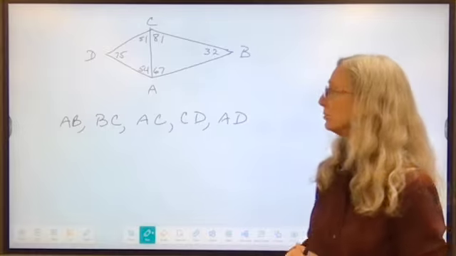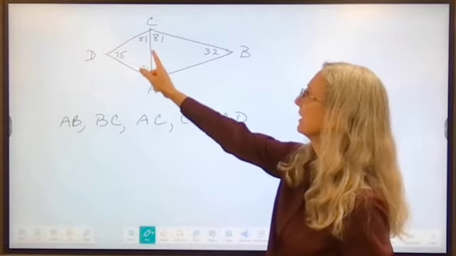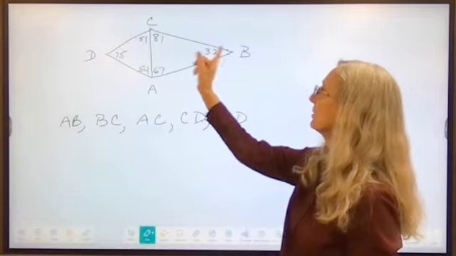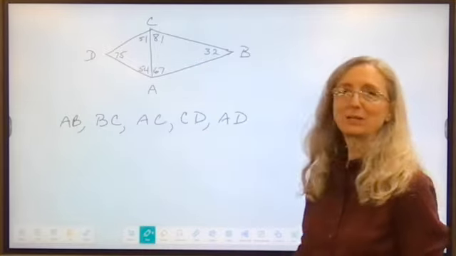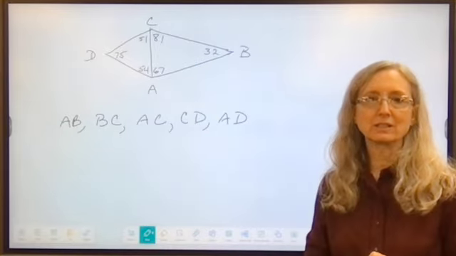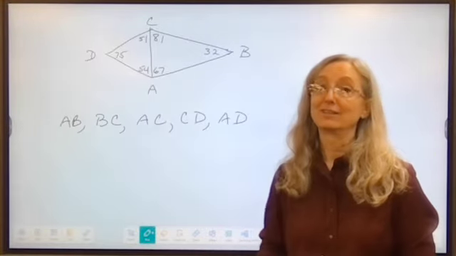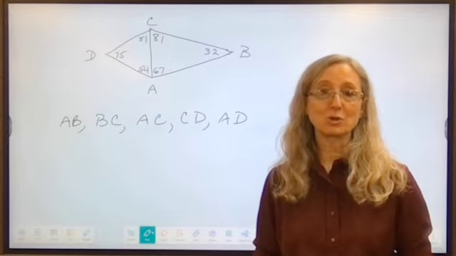That's how you do it. Be really careful that you don't mistake this one. This is the longest side in this triangle, the shortest side in this triangle. Because they're right up against each other, it's a little bit more complicated, but in essence, the greater the angle, the longer the side that's across from it.